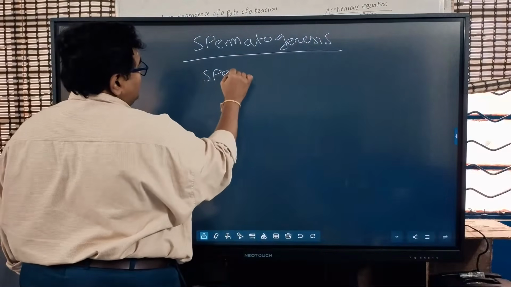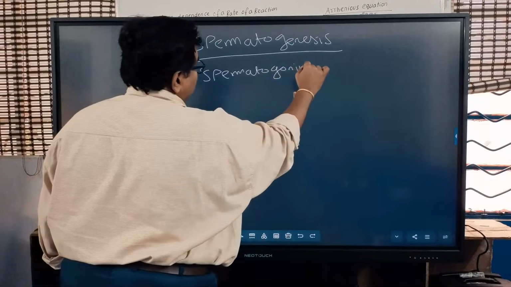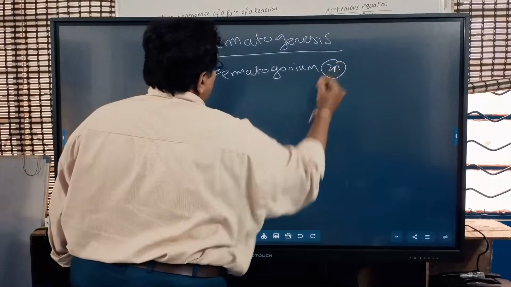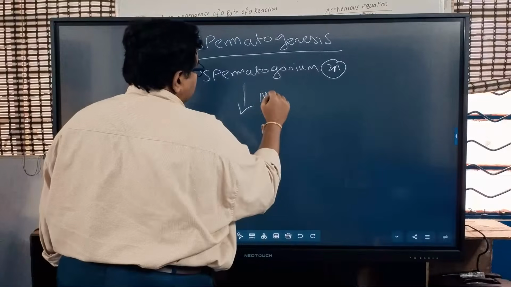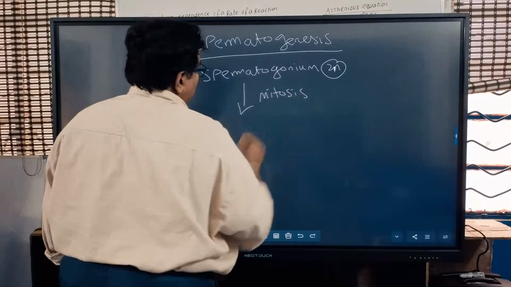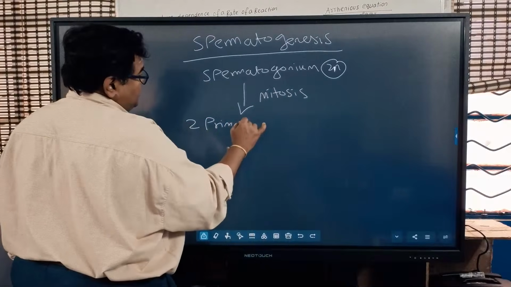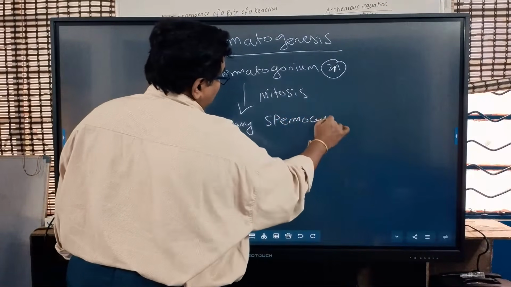Again, back to the spermatogonium. We all know very well, it is a sperm mother cell, a diploid cell having the complete number of parental chromosomes. When it undergoes mitosis, you will be getting 2 primary spermatocytes.